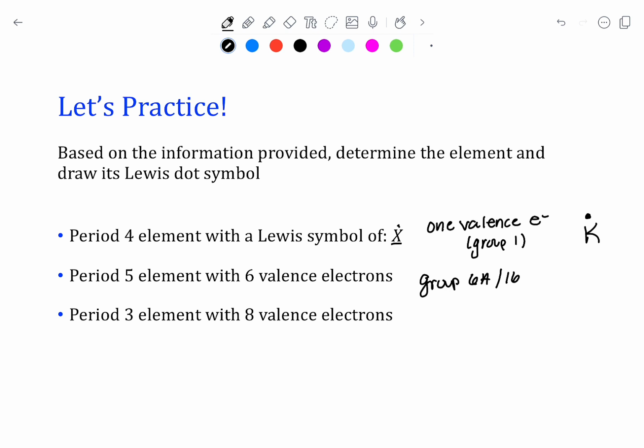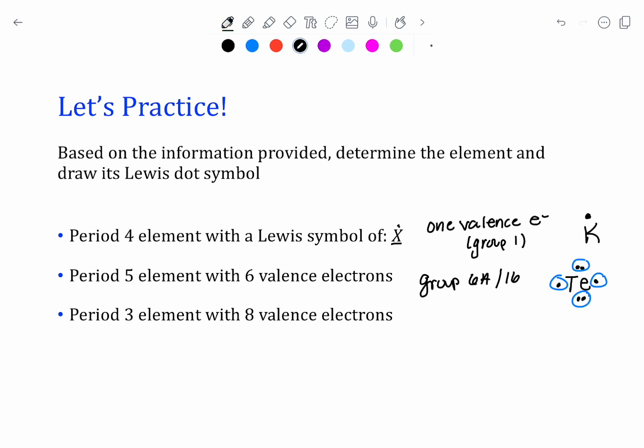So look to your periodic table, go to the 5th period, go all the way over to group 6A, and I found it to be element Te, or tellurium. Since it has 6 valence electrons, its Lewis dot would be 1, 2, 3, 4, 5, and 6. So we have 2 sets of paired electrons and 2 sets of unpaired electrons. So a period 5 element with 6 valence electrons is tellurium.